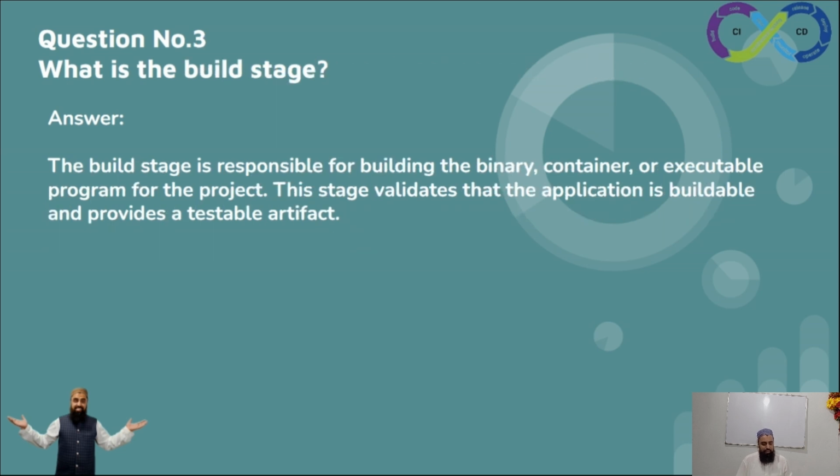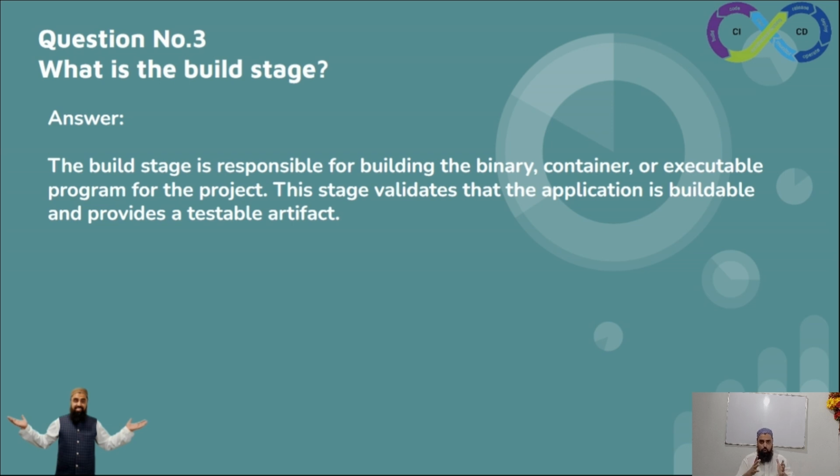What is the build stage? Question number 3. The build stage is responsible for building the binary, container, or executable program for the project. This stage validates that the application is buildable and provides a testable artifact.